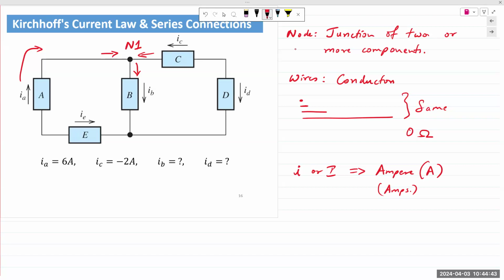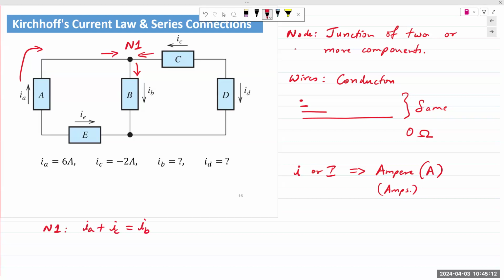If this was a vehicular traffic diagram, I would say IA and IC are coming into the junction, and IB is leaving the junction. So IA and IC are being combined to give us IB. Mathematically, at N1, I would write IA plus IC is equal to IB.